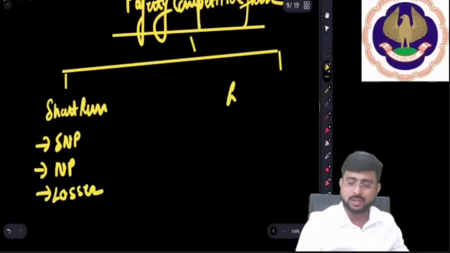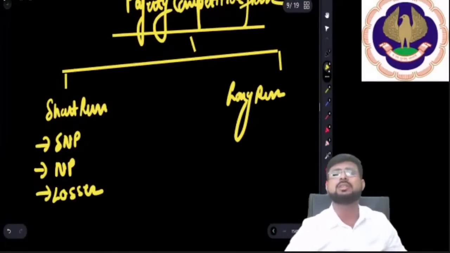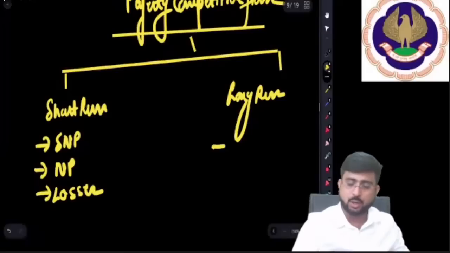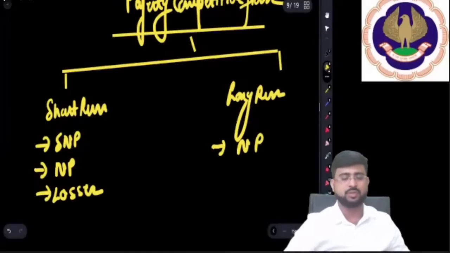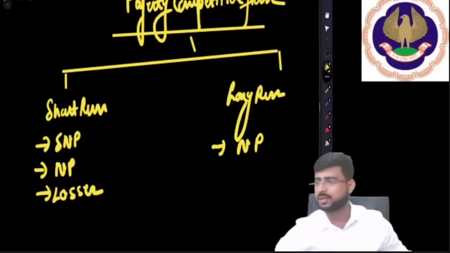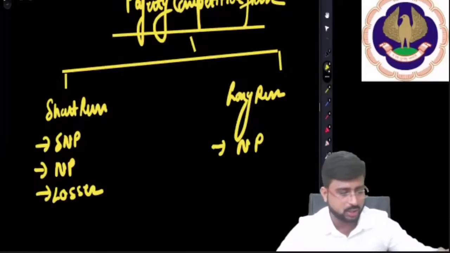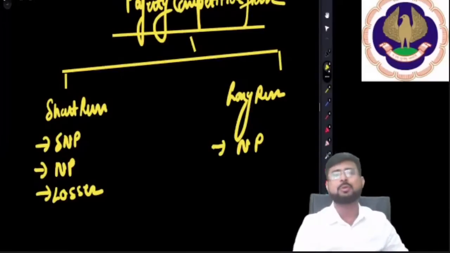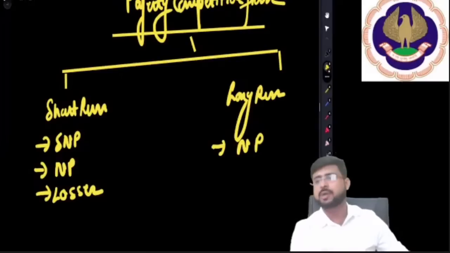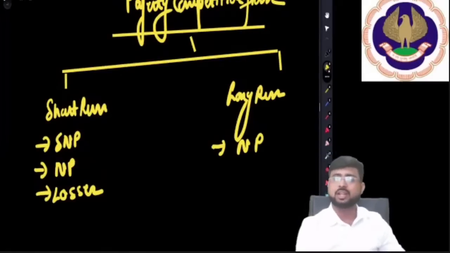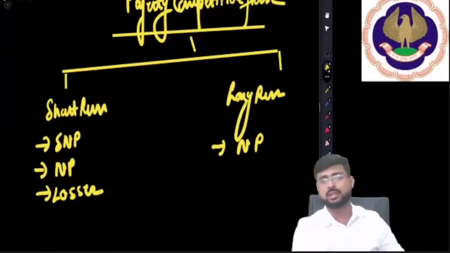But in the long run, it will only make normal profits. Please remember this. Very important question. Long run is characterized by earning of normal profits only. There is no doubt about this fact.